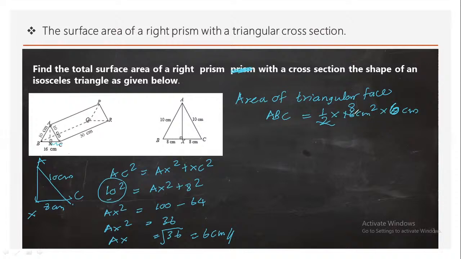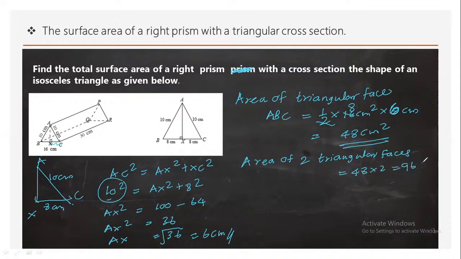We got 6, right? Half of 16 into 6, that is 8 times 6, 48 square centimeter. Then the area of the two triangular bases is 96 square centimeter.